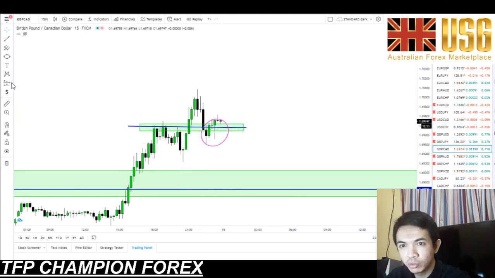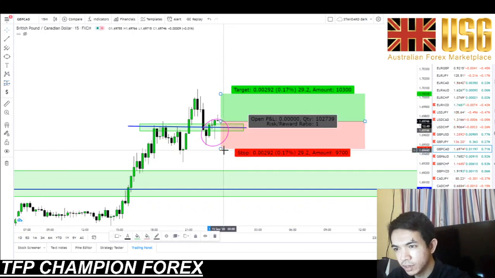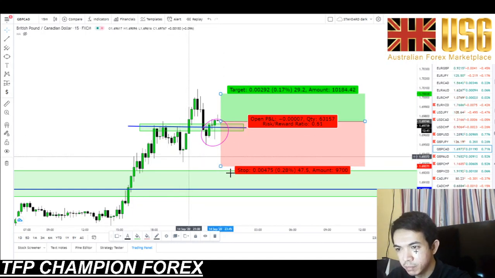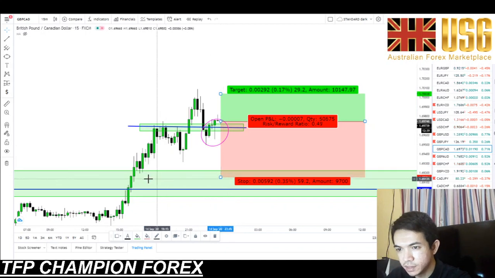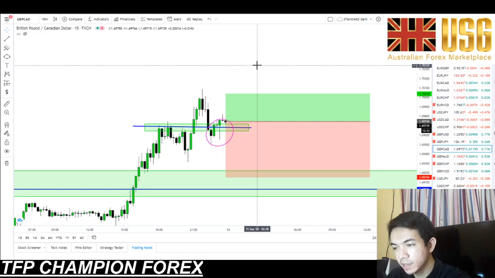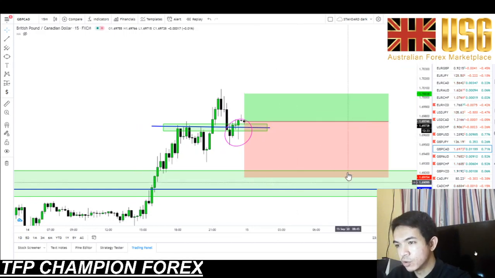So if I'm going to buy this market or take a long position, I can take this opportunity for a buy below structure for this pin bar, or you can take this just below here. And then where's my take profit?